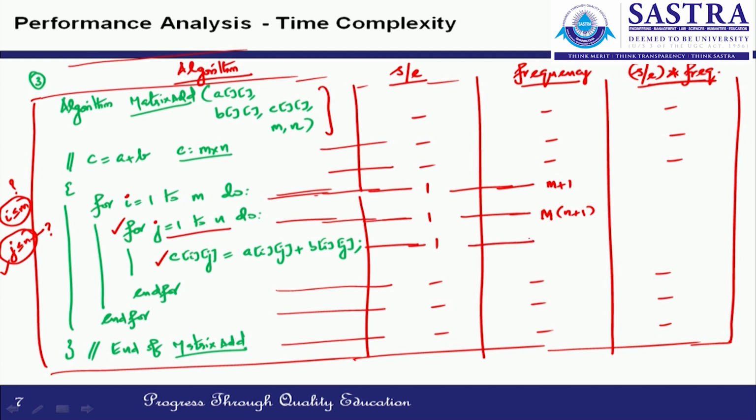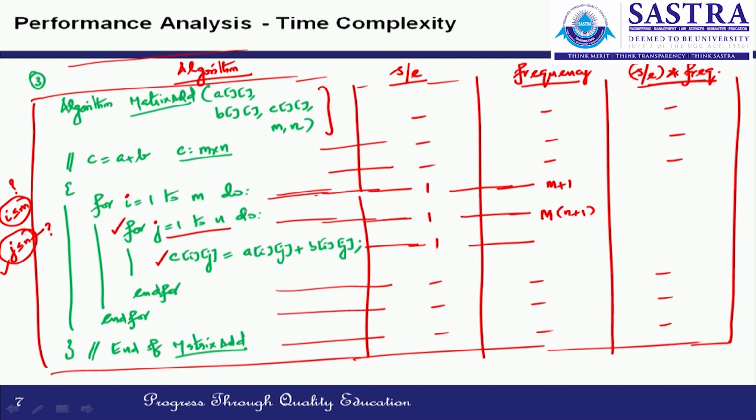Likewise, the assignment statement C ij is equal to A ij plus B ij takes an execution of m into n times, because the outer for loop is m times, and the part of the inner for loop, j is equal to 1 to n, is executed for n times.